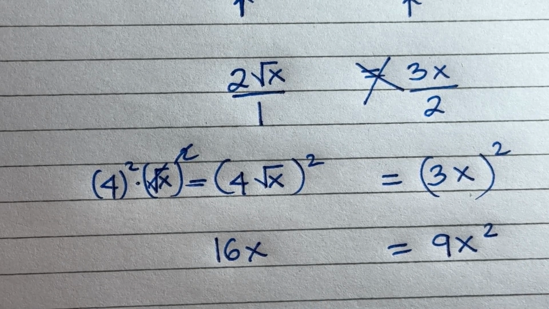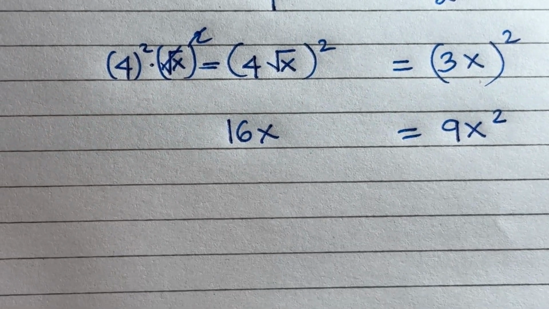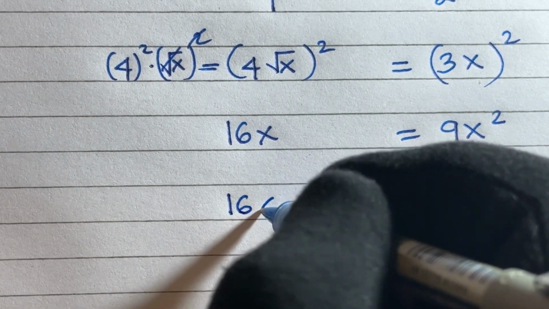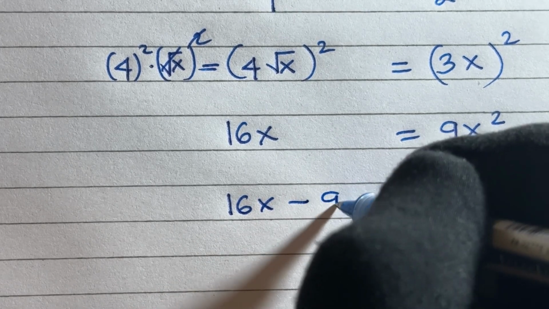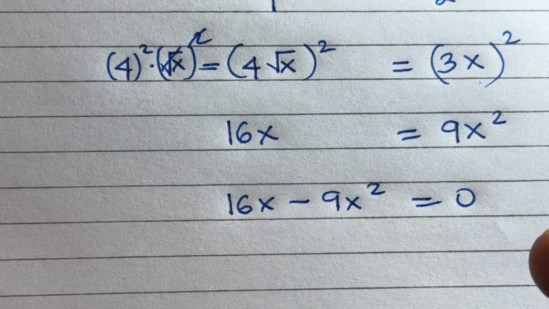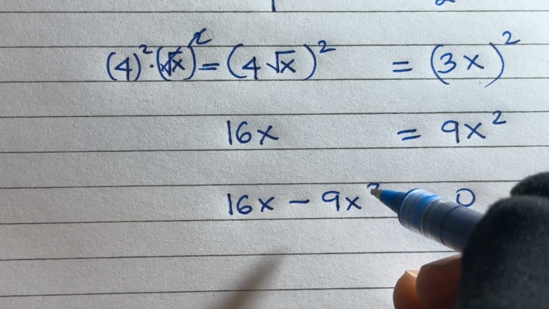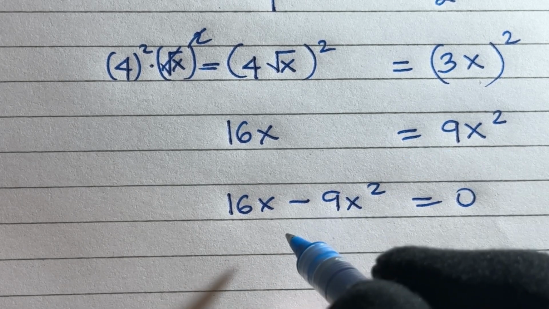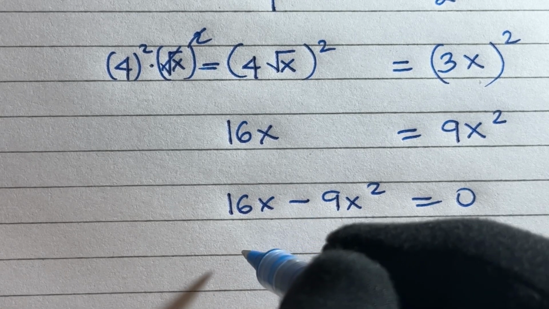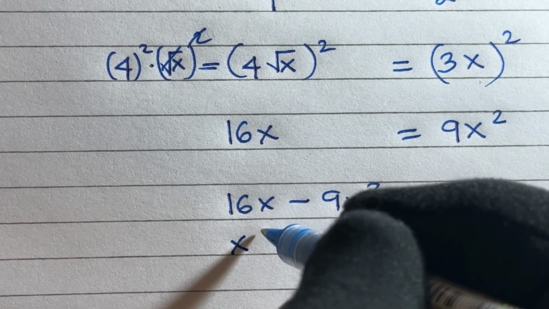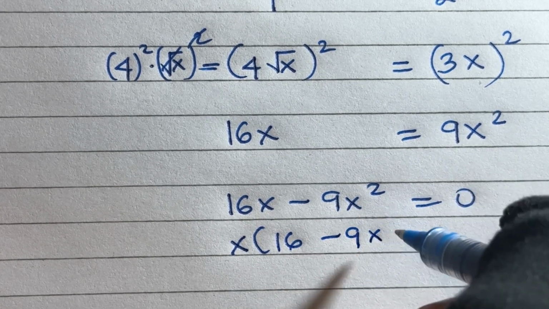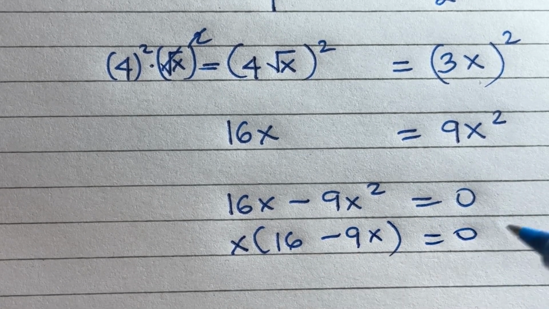If I move everything to the left hand side, this equation becomes 16x minus 9x squared is equal to 0. We have a quadratic equation which we can factorize on the left hand side to give us x into 16 minus 9x is equal to 0.